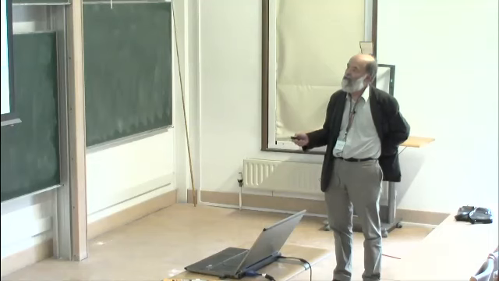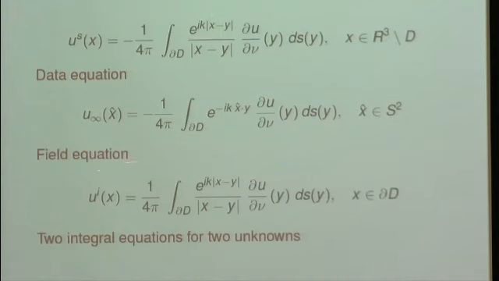So we get that on the boundary we have this expression, and this is a second equation for these two unknowns, and I call it the field equation because it basically represents the field through the boundary condition. Actually, this is an integral equation of the first kind, which you obtain by a single layer approach for solving the forward problem, and we will make use of that in a minute.